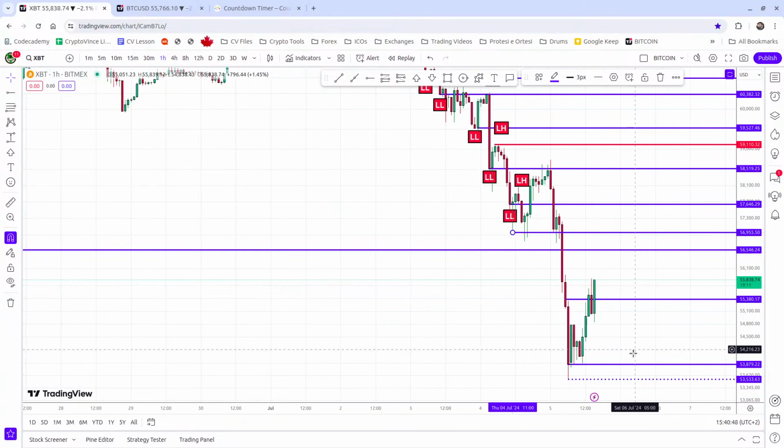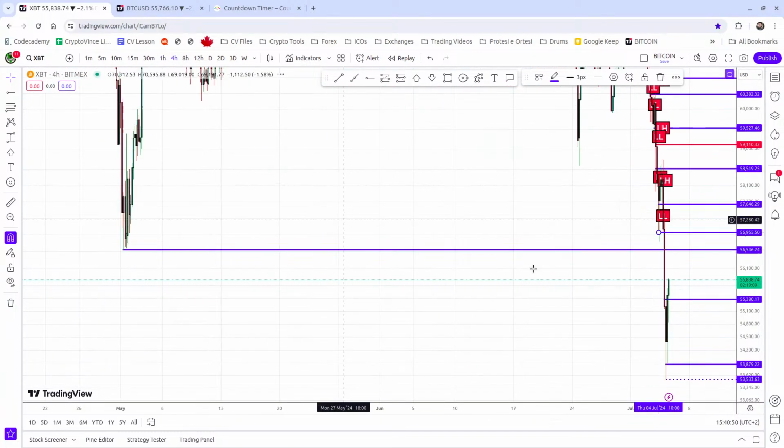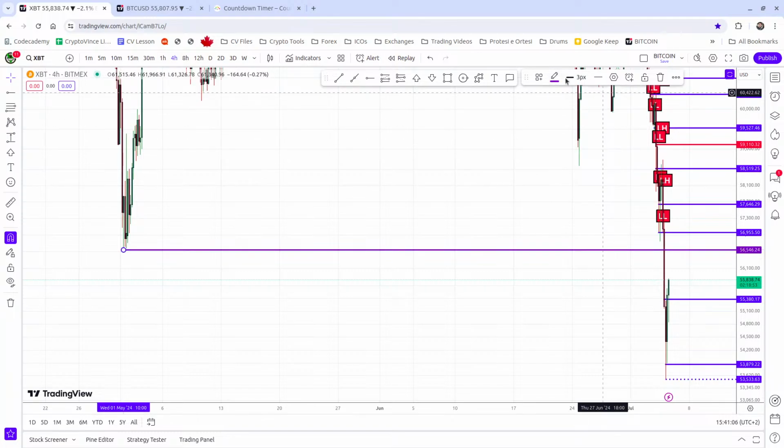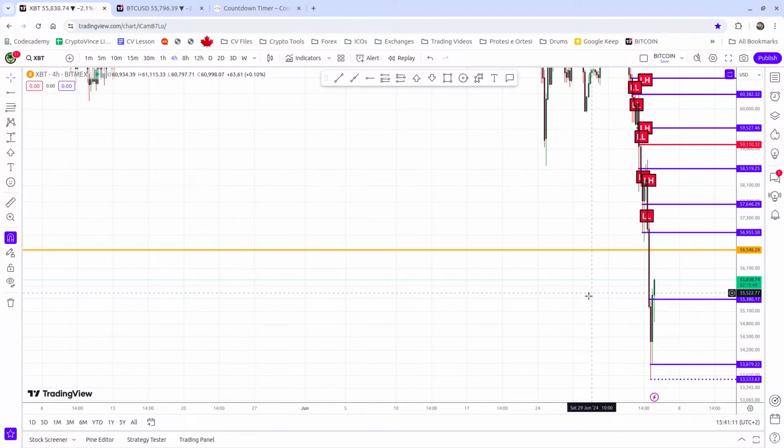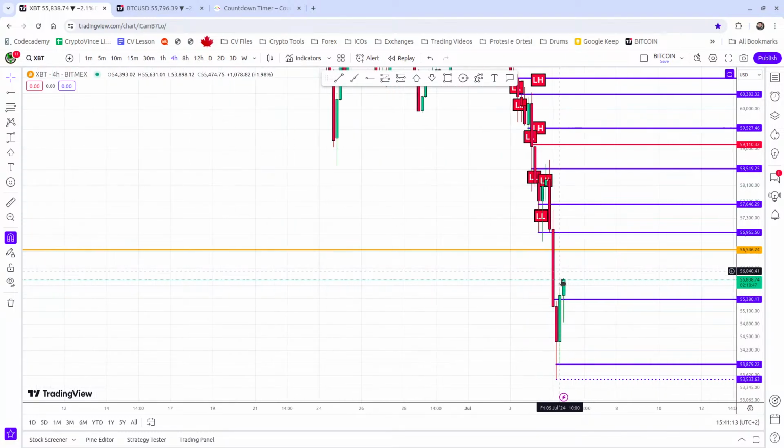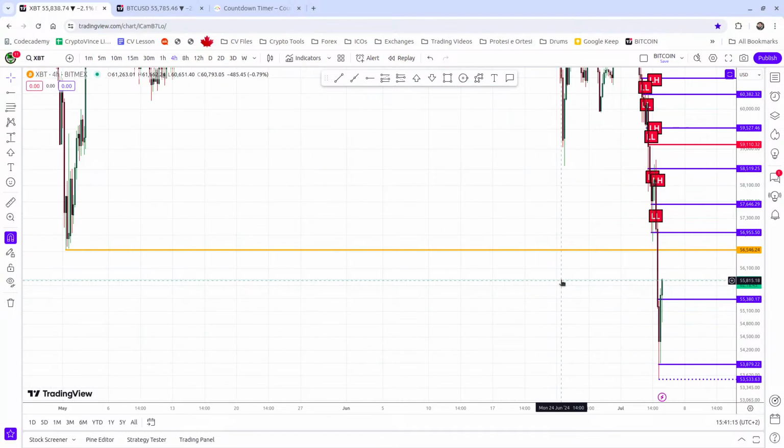Let me go see this level. Okay, this is the level right there. Let's make it another color. Wait. Purple, no. I want orange. So that's the level to watch.